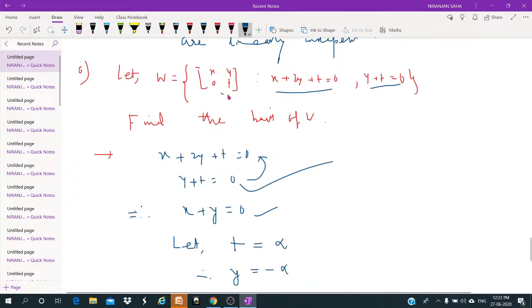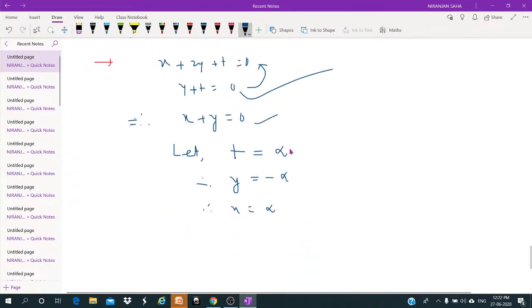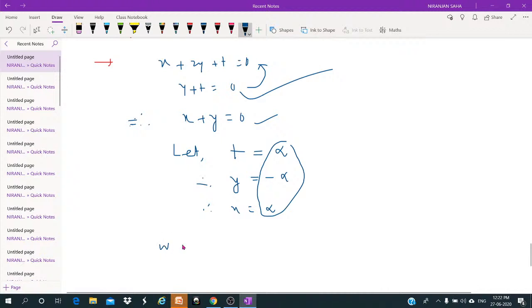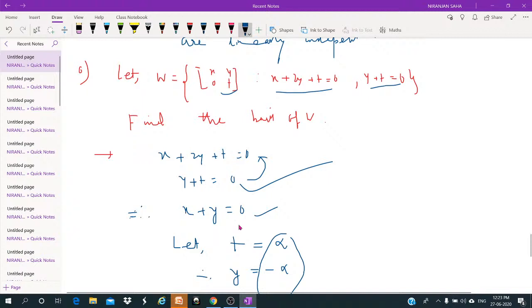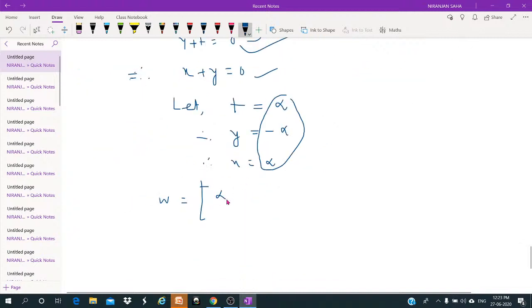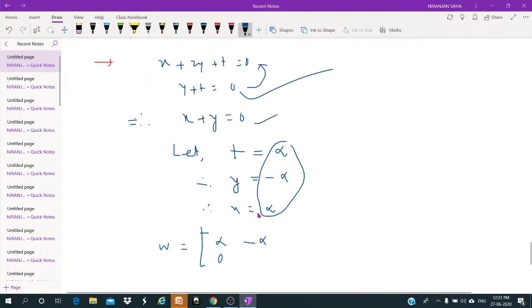What is important is that all these matrices depend on just a single variable. So W can be written in this way: W is equal to alpha, minus alpha, 0, alpha.